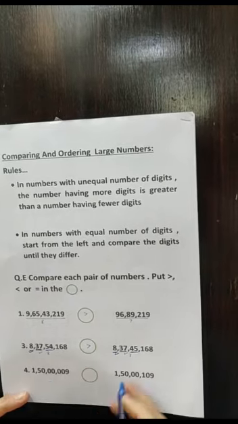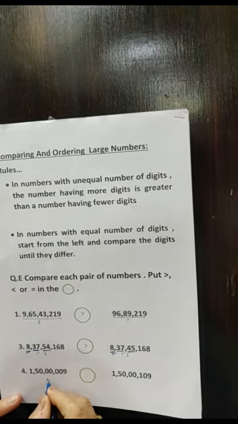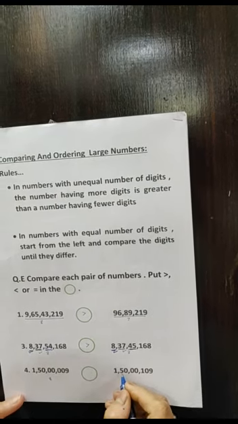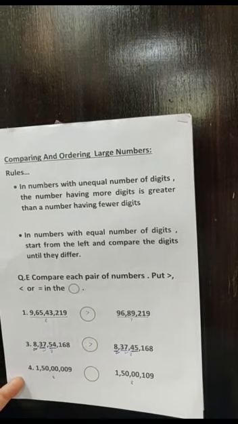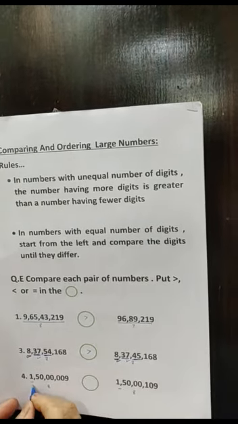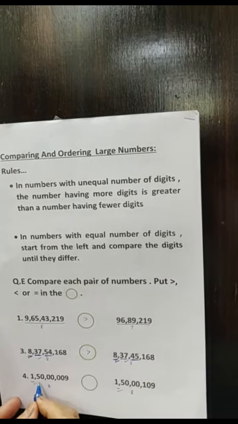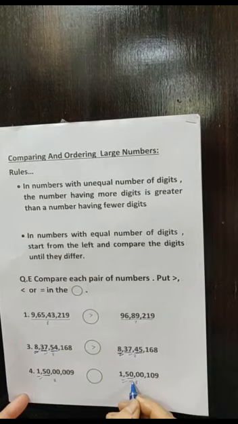Take one more example. Again count the digits. 8 digits and 8 digits. So digits are same. Start comparing from the left side. Crore period, 1 and 1, both are same. Then we will compare lakh period, 50 and 50, both are same.